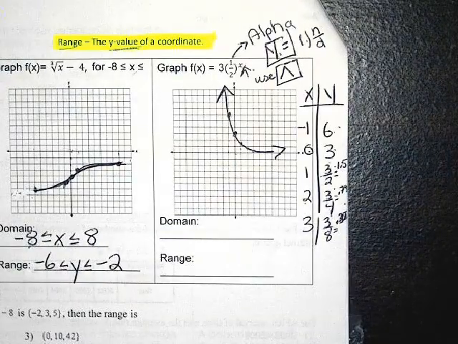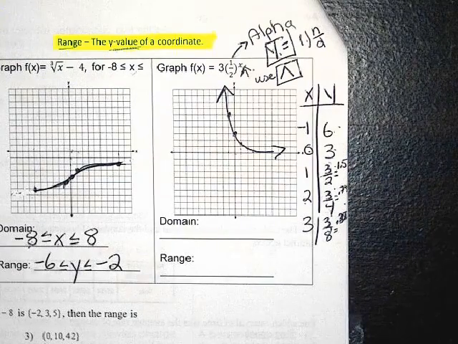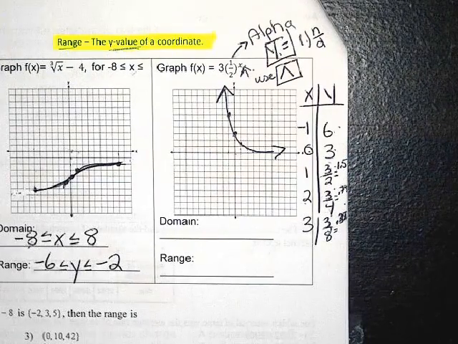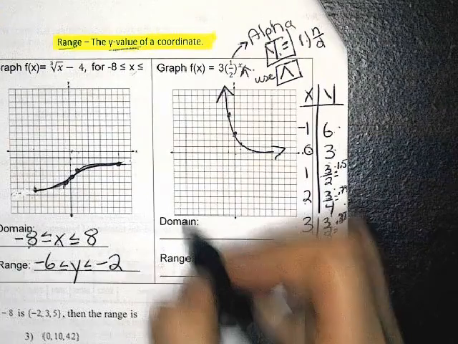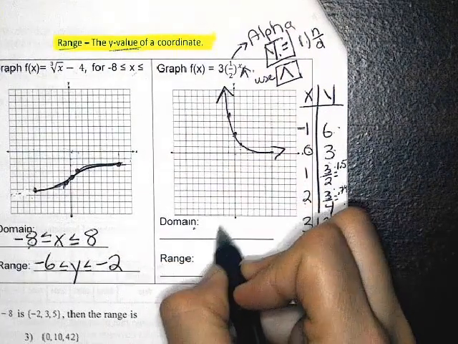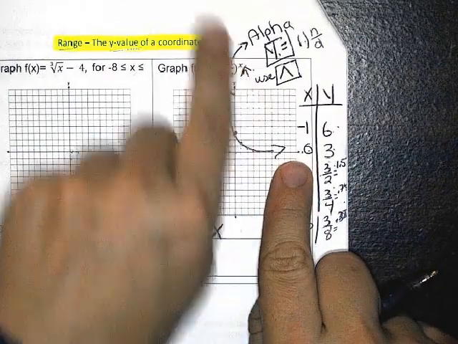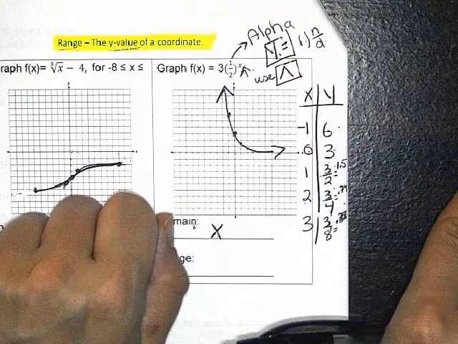What does that tell you guys when we need arrows? Infinity, right? Yes, to infinity and beyond. Now, your domain. What are domains again? X values. Your x's. Now, with these arrows, this one's going to keep going to the left, and this one's going to keep going to the right.